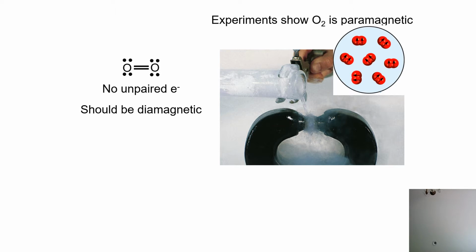And if we look at the valence shell electron pair repulsion and Lewis structure theories with respect to the O2 molecule, it appears to us that all electrons are paired. So it should be diamagnetic. However, it is paramagnetic, and this has been shown experimentally.